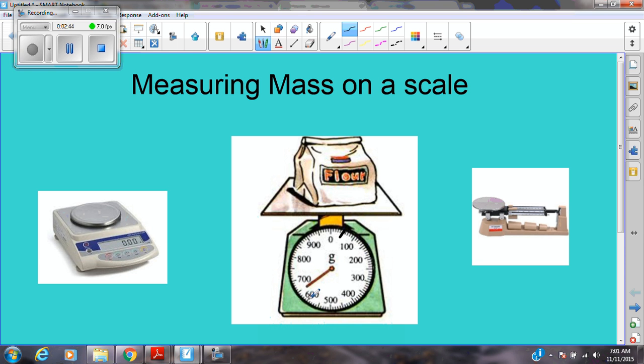We have 600 here. The next tick mark is 610, 620, 630, 640, 650. So the weight of this flour is 650 grams, and that's what we would mark it down as. That's how you read a scale when you're looking at it.